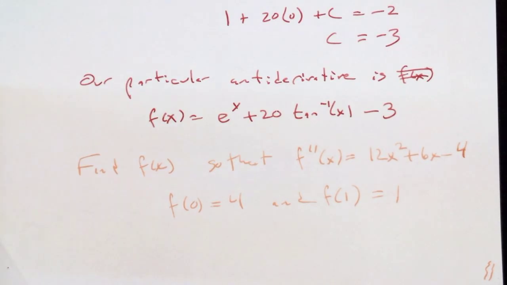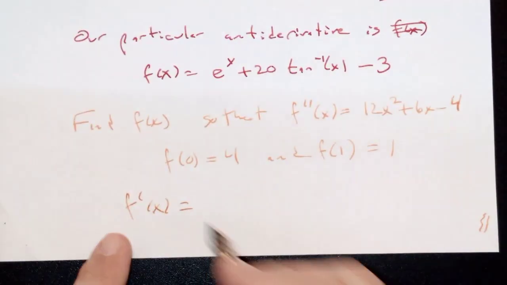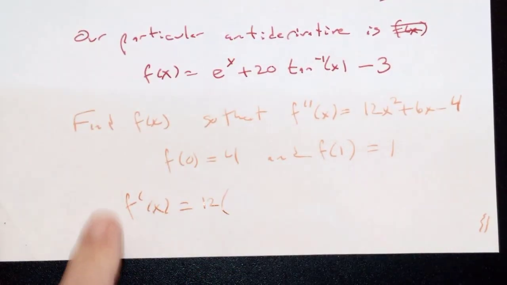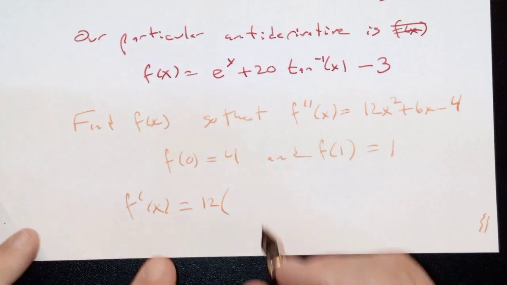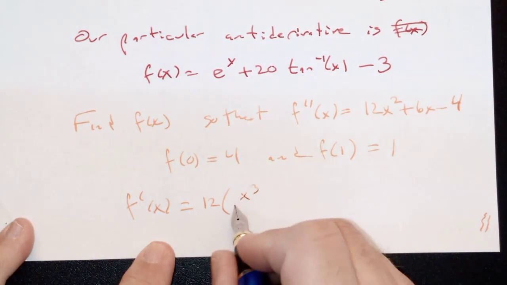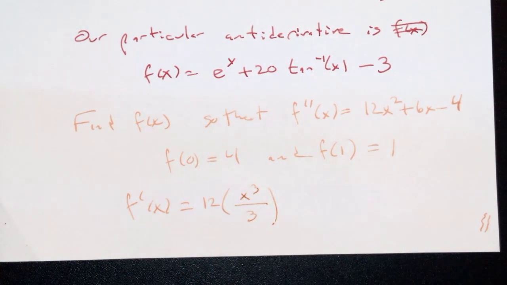So f prime of x: the x squared becomes x cubed over 3. I need the 1 over the new power, and I add 1 to the power. That's my power rule. I wrote it as 1/3 x cubed. If you write it this way, that's perfectly fine. That's the same thing.